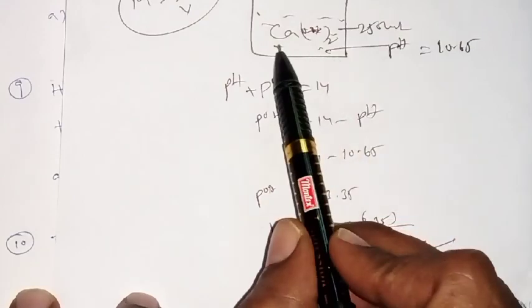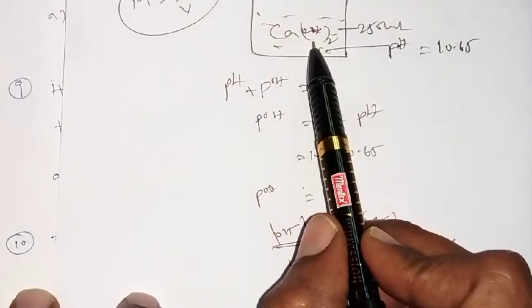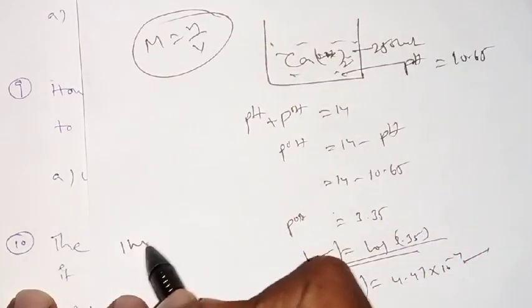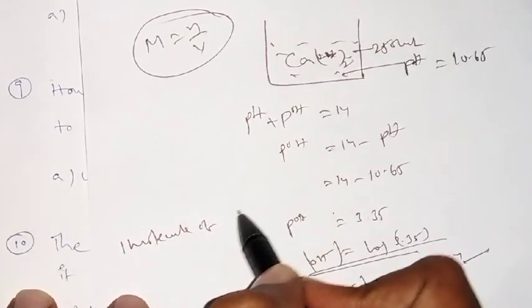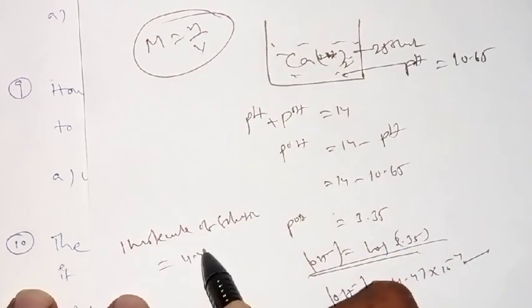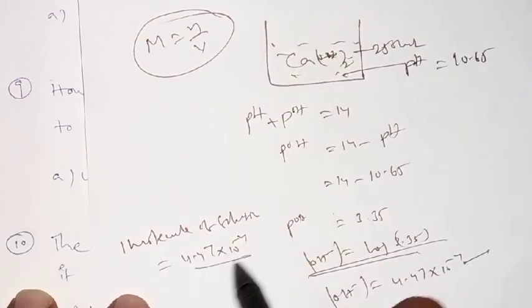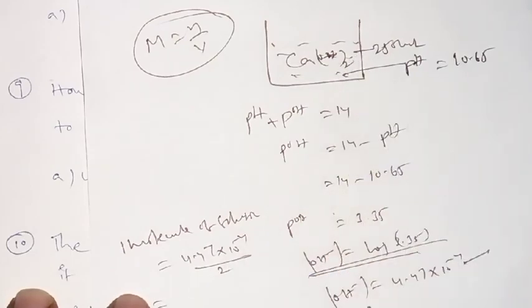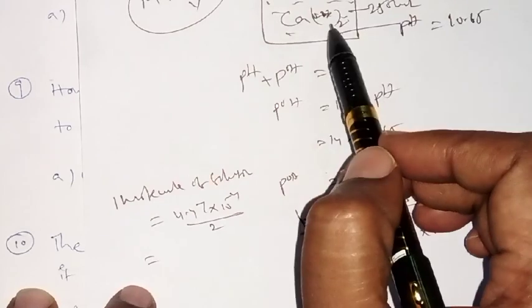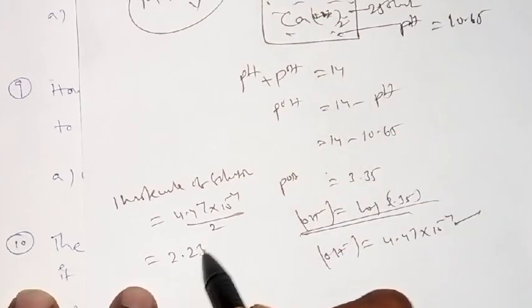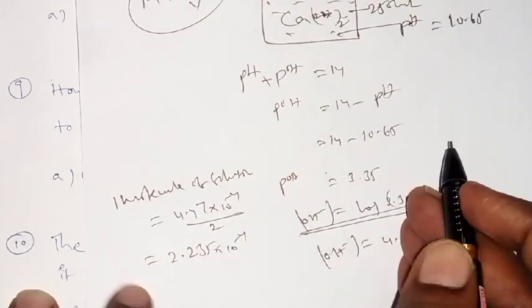But in one Ca(OH)2, how many OH minuses are there? 2. That is why the concentration of the solution equals 4.47 into 10 power minus 4 by 2. Why should we divide by 2? Because we got the OH minus ion concentration only, but in this, 2 OH minus ions are there. That is why if you divide by 2, you will get 2.235 into 10 power minus 4.